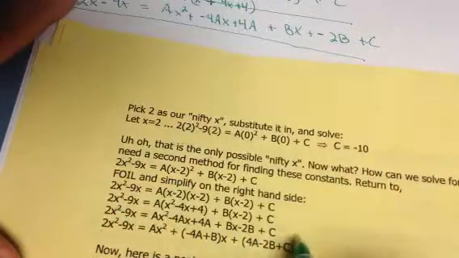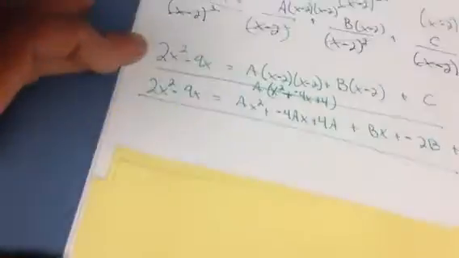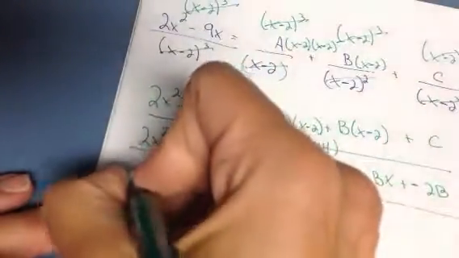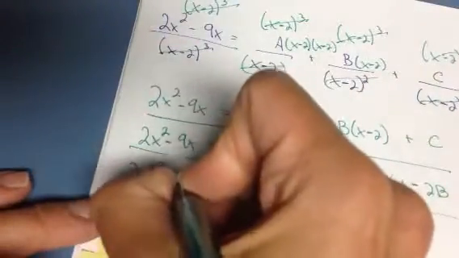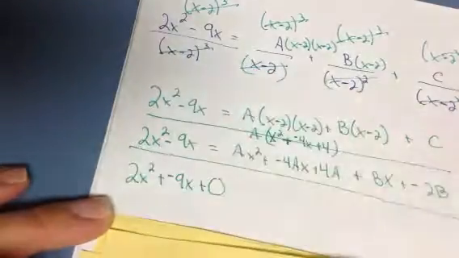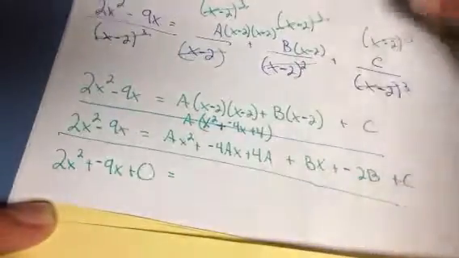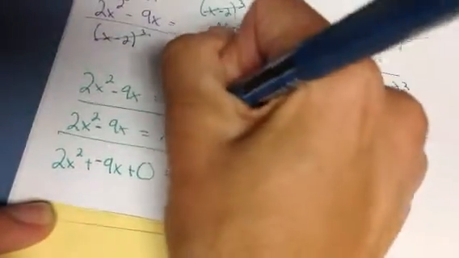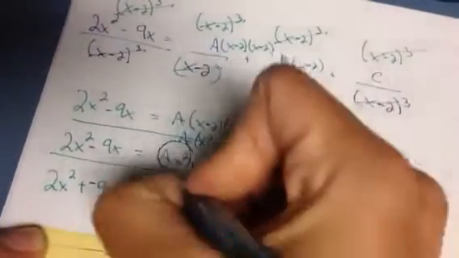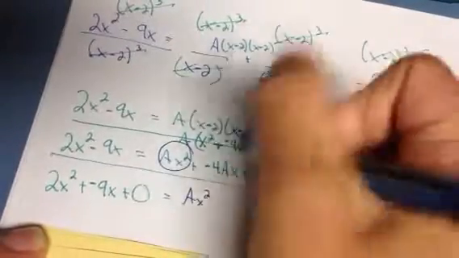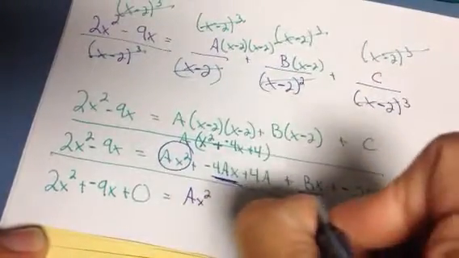Okay? So what she does now is, if this side is in standard form as ax squared plus bx plus c, she groups her x squareds together, which there's only one. She groups her x's together.